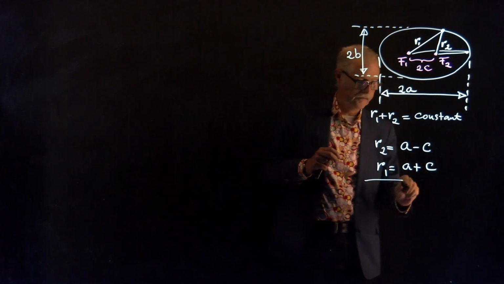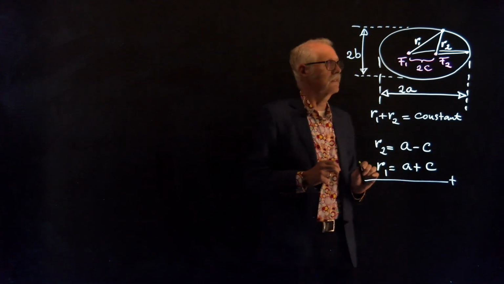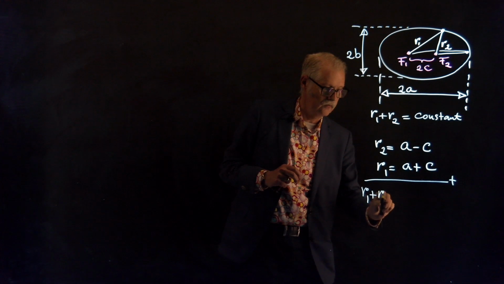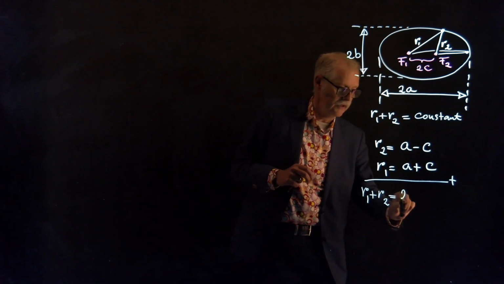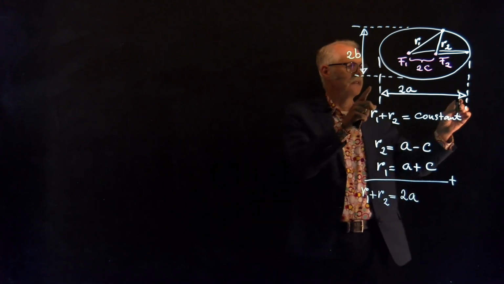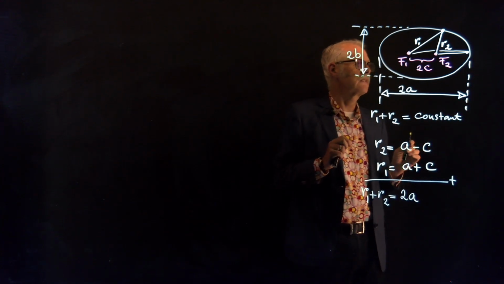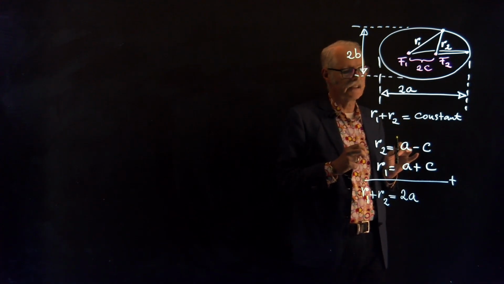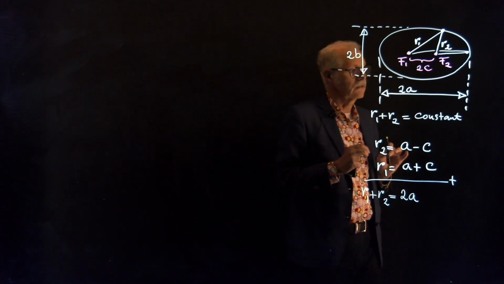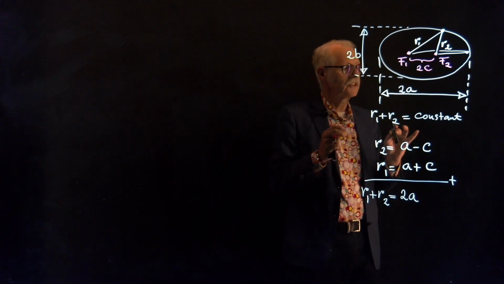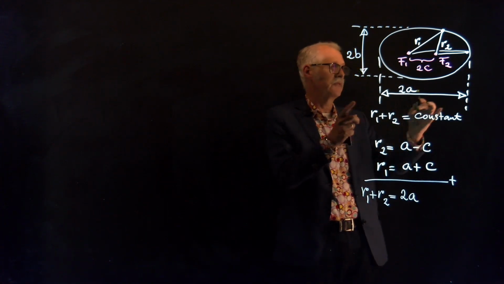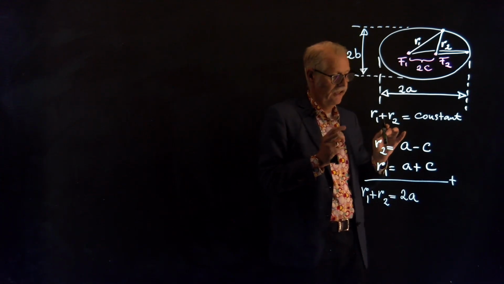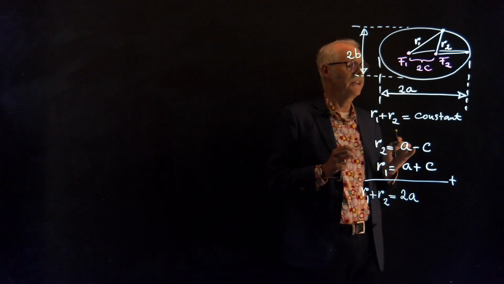If we add those up, we see how it works with this constant distance, namely r1 plus r2 equals 2a. In other words, the 2a, which forms the long axis of the ellipse, is also this constant from the equations, which says that r1 plus r2 is constant. So here we have established a relation between this idea of constant sum of radiuses and this number a.